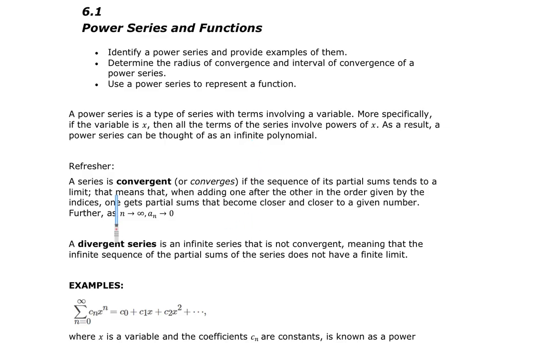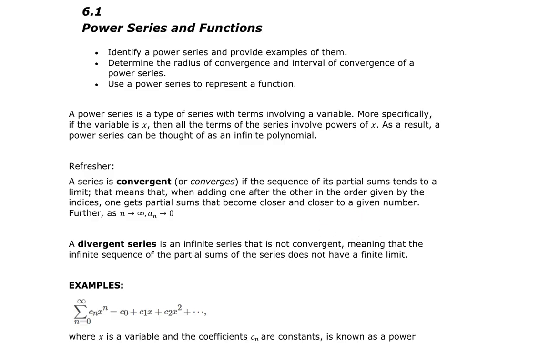Just as a refresher, what does it mean for a series to converge? That means that as we add terms to it, as n goes to infinity, it no longer changes the sum for each number that I add to it.